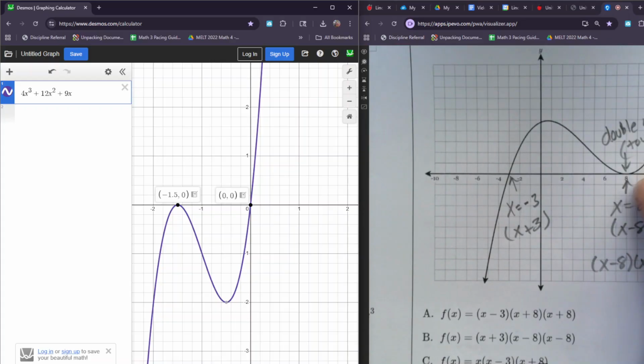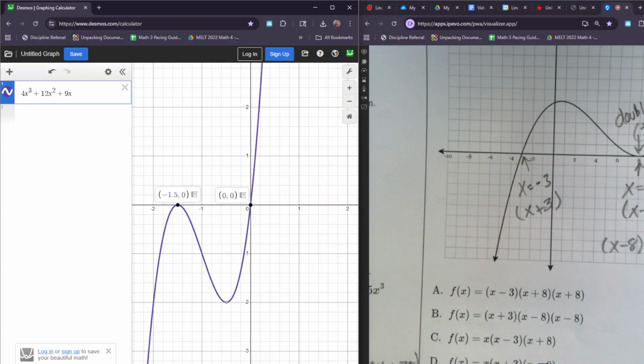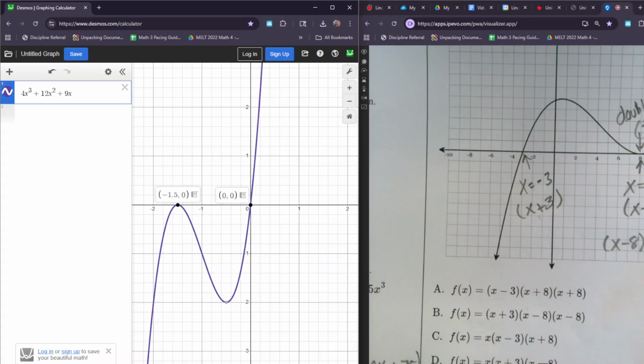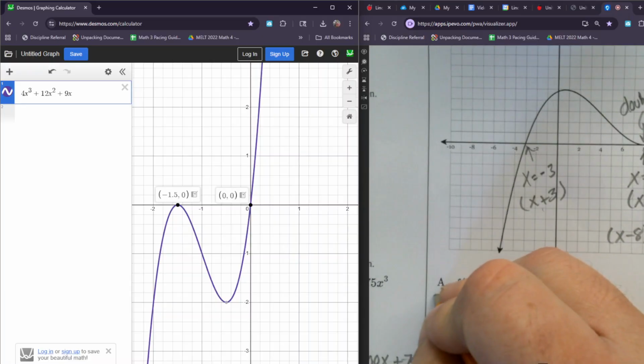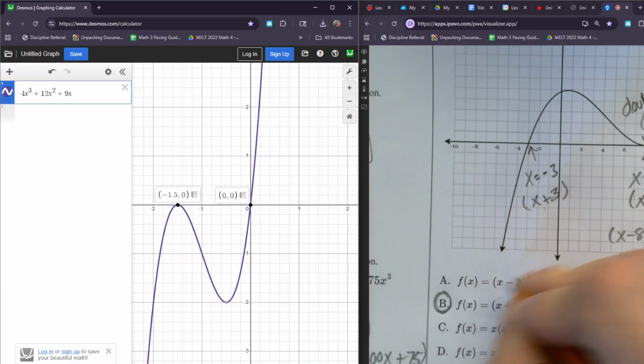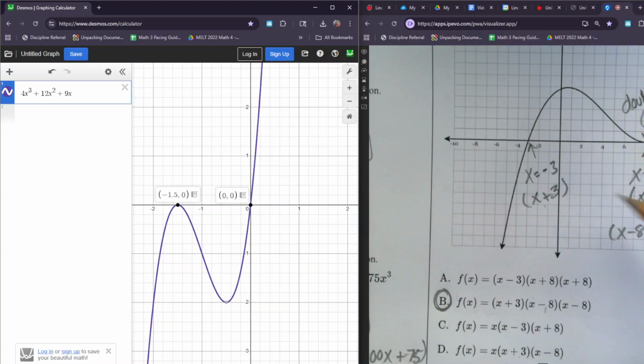It doesn't cross. Okay, so you're looking for this and this and these two in the same. It looks like your answer there is going to be B. So single root of x plus 3, double root of x minus 8, since the solution is x equals 8. So that would be your solution.